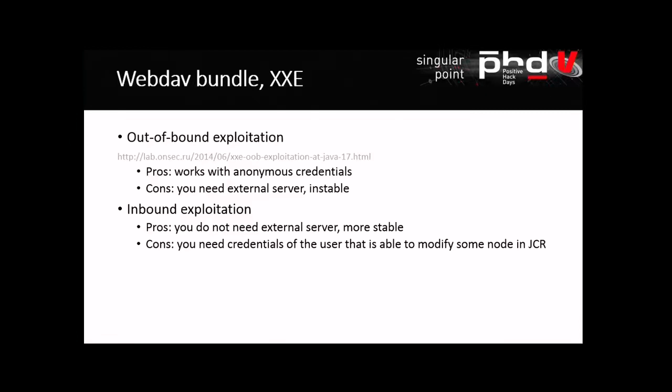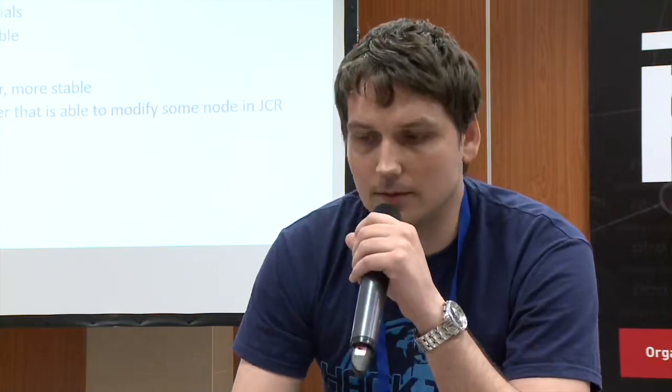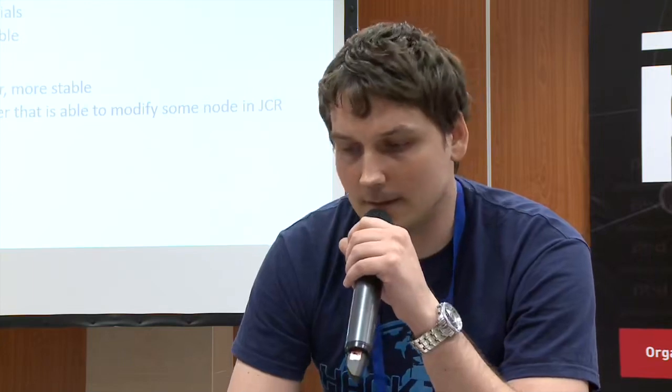Because for out-of-band exploitation, you don't need any credentials, just anonymous. You simply send requests to WebDAV PROPFIND with the proper XML, and we get local files. But again, there are some disadvantages: we need a server, and this technique is not as stable as the regular technique of exploiting XXE.